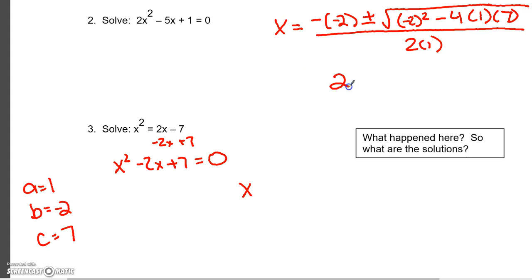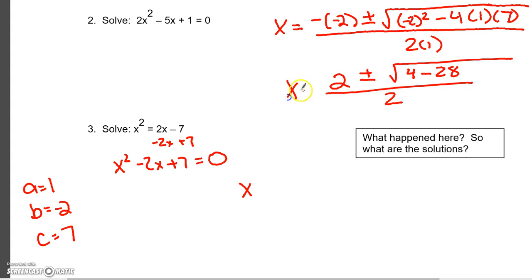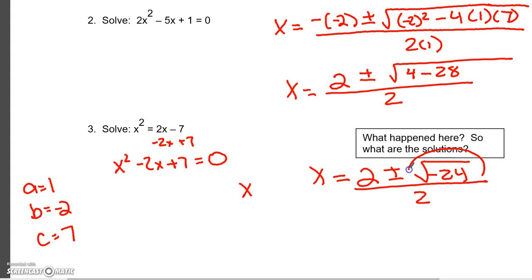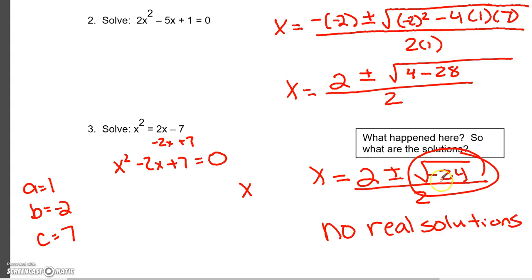So that's positive 2, plus or minus the square root of 4 minus 28 over 2, and that gets us x equals 2 plus or minus the square root of negative 24 over 2. And since we have a negative under the radical, we're going to have no real solutions, because you can't have a negative under the radical.